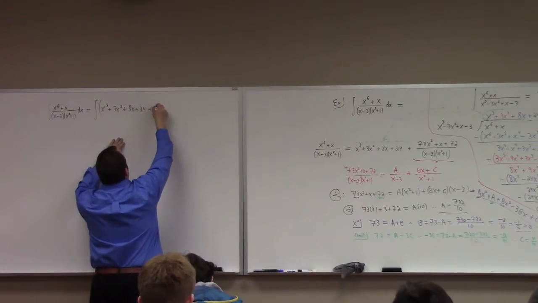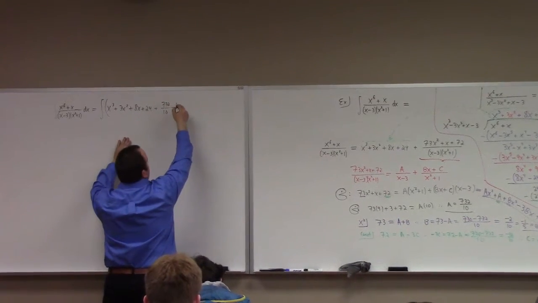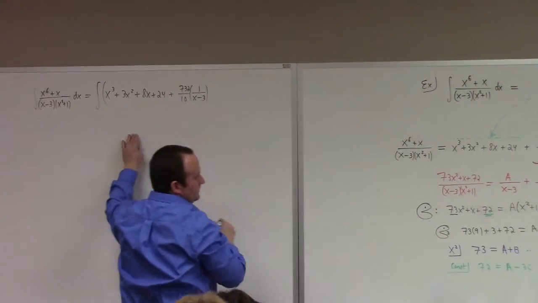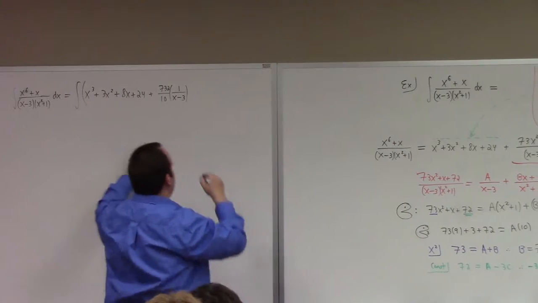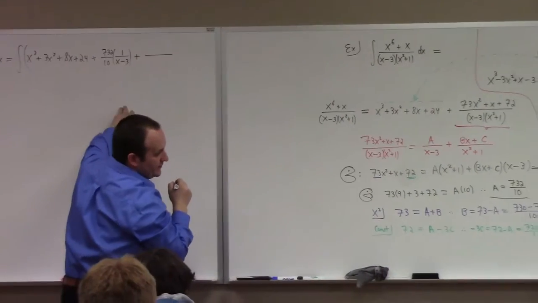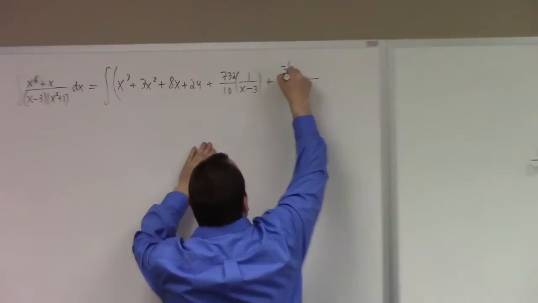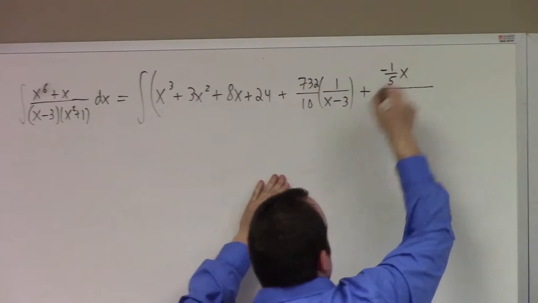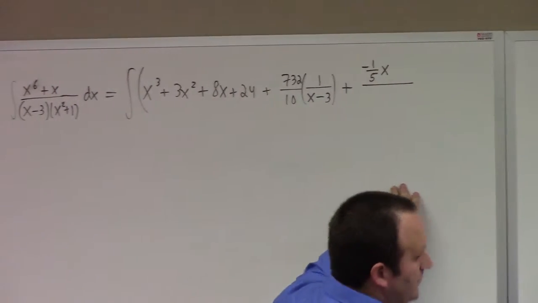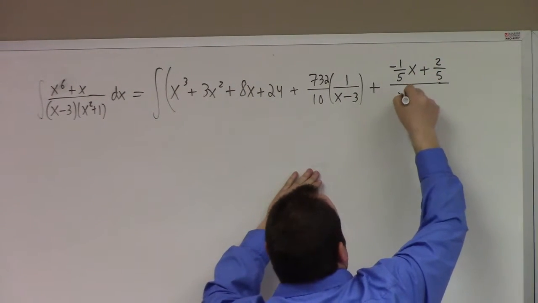Right? Plus 732 divided by 10 times 1 over x minus 3. Then what? I can factor out a fifth, but I won't. Plus parentheses, let's see here. B was minus 1/5 times x, what was c? So plus 2/5, all divided by x squared plus 1.